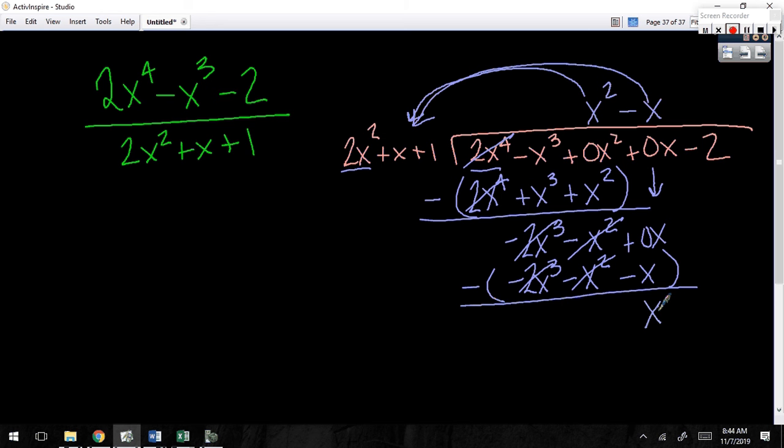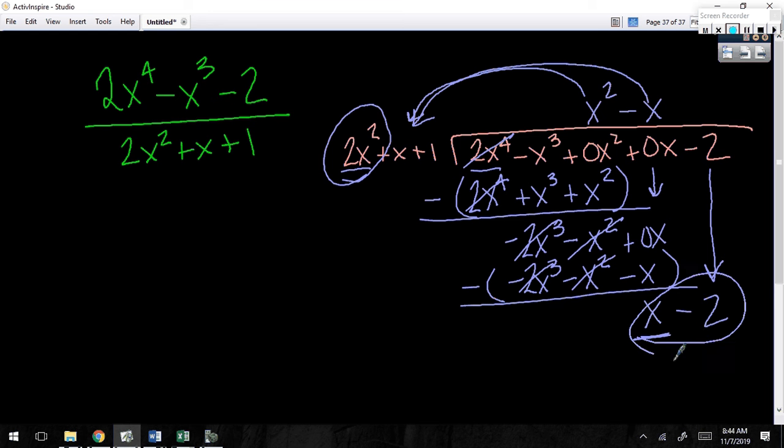Don't let it throw you. Now look. There is nothing that you can multiply a squared term by to get an x. There's nothing at all. So that is your remainder. That's how you know you're done, okay? So I know I'm done whenever I get to the point that I can't multiply the outside by anything to get what's left anymore, right?